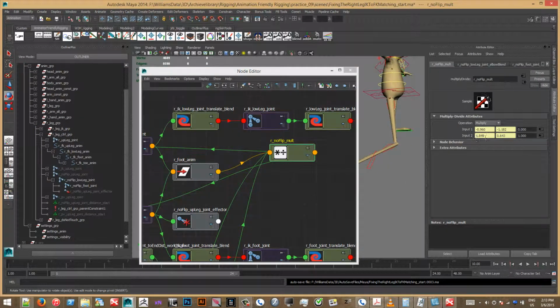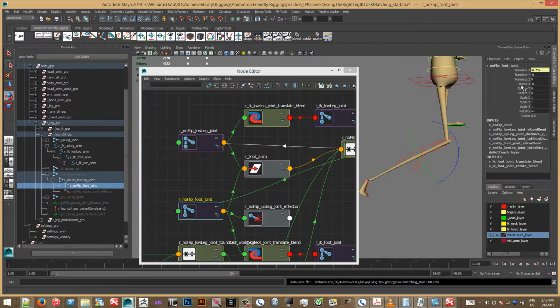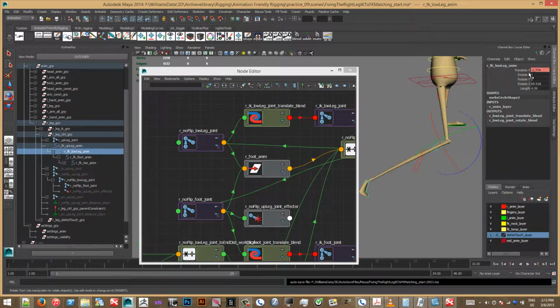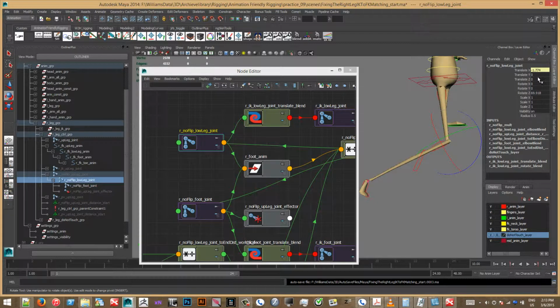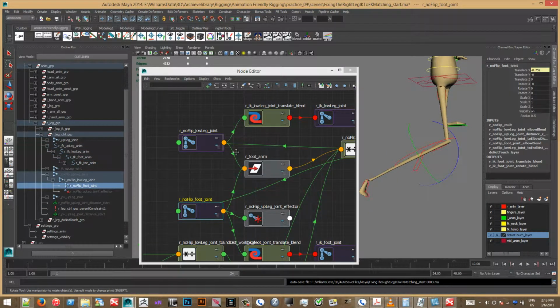And right, because you're multiplying a positive by a negative, you're outputting the negative to these no flip joints so that you have the negative value matching up with the negative value of the FK. So if I go to RFK low leg anim, I've got negative 1.774, and if I go to R no flip low leg joint, you have negative 1.774. RFK foot, you've got negative 2.857. I think I actually modified this, but here you have a negative value as well.